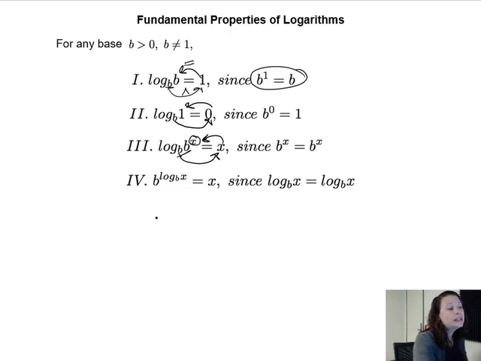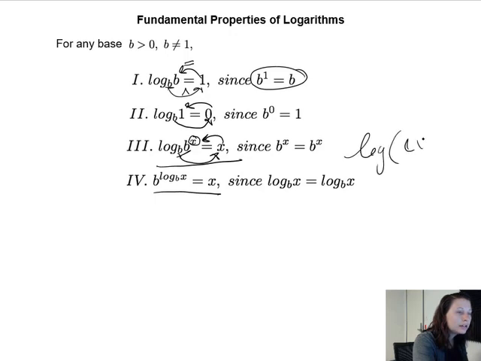Then this last one is kind of the reverse of number 3. They both equal x, it's just which one is inside of which. Number 3 has the exponential inside of the log. This one is the exponent with the log inside of it.